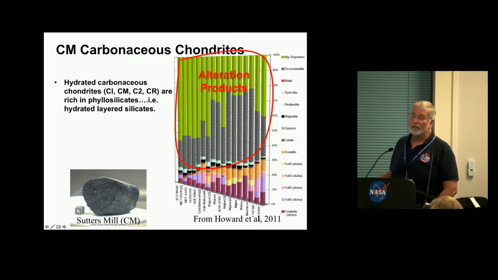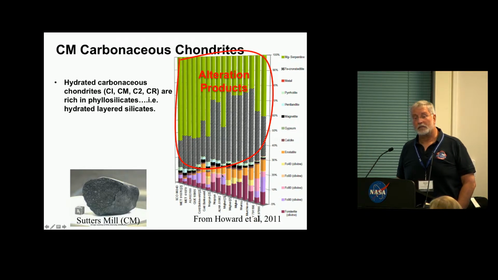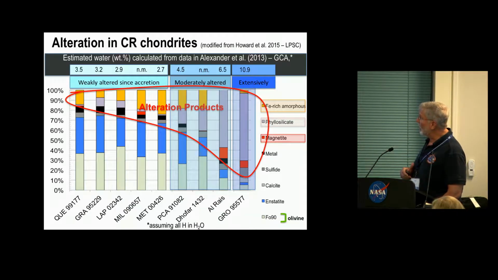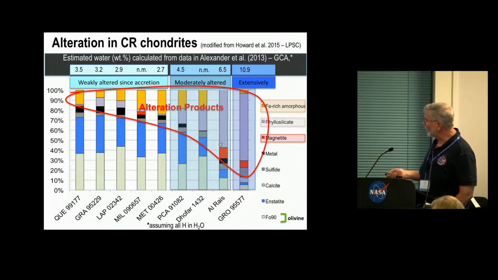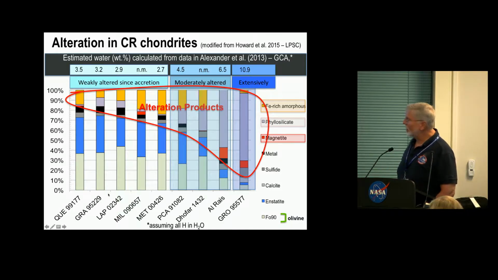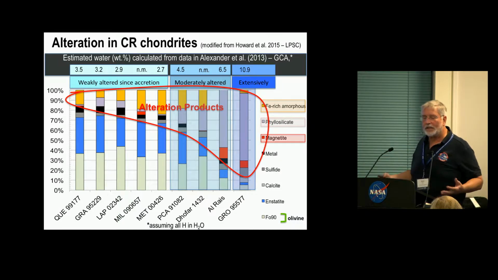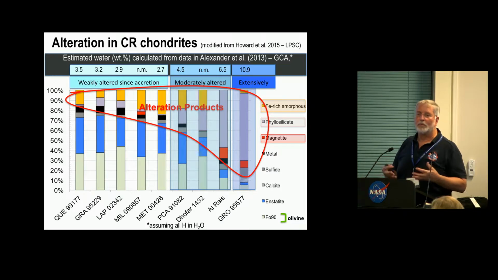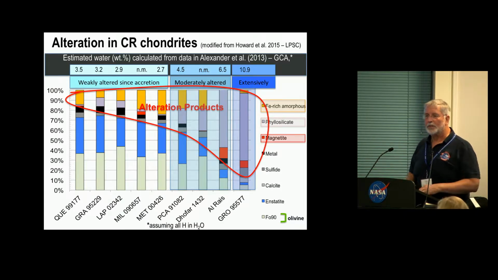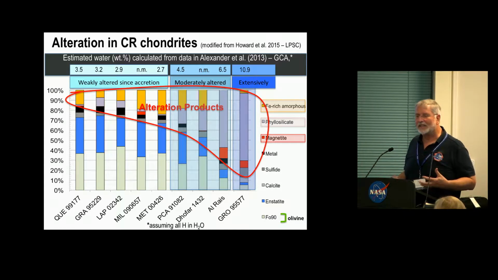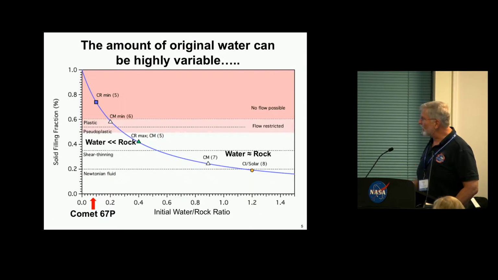Some of these are 90% alteration products. CR chondrites are highly variable, so some of them have 90% alteration products, and some of them are 85% not alteration products. Basically the driver is how much water was originally incorporated and how that water reacted with the original matrix.